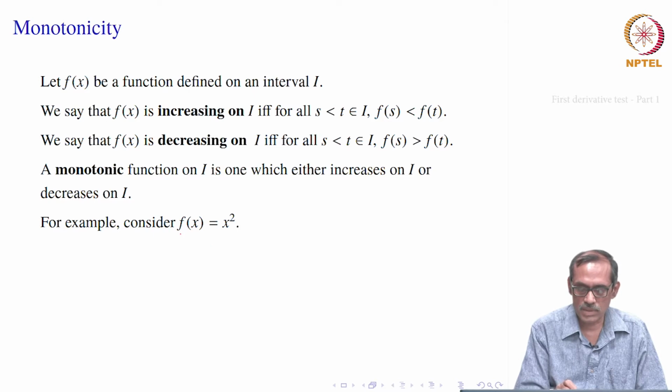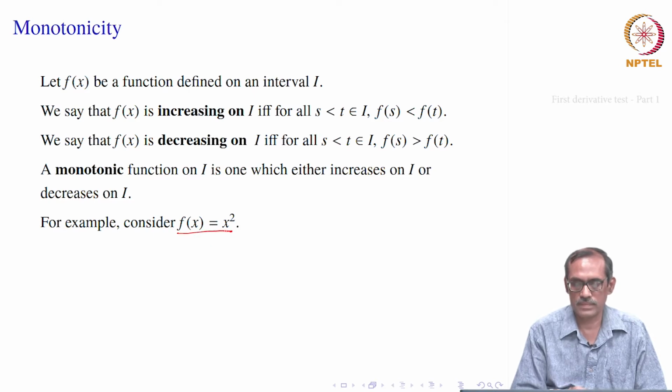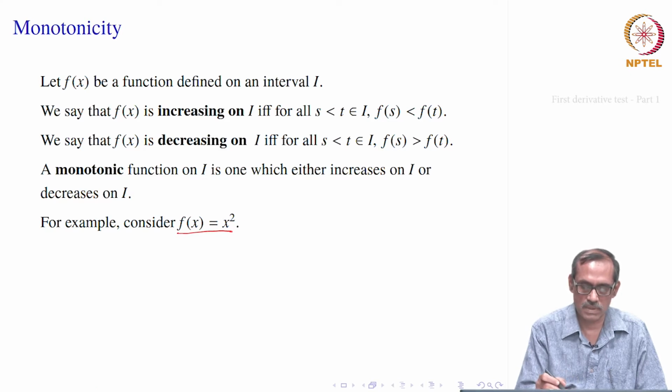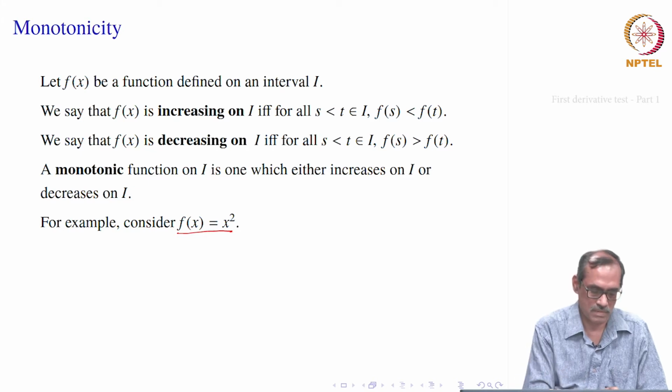For example, suppose you take f(x) equal to x square. It is defined on the whole of R. At 0 it is 0, but when x is negative, x square is positive, and when x is positive, it is also positive.